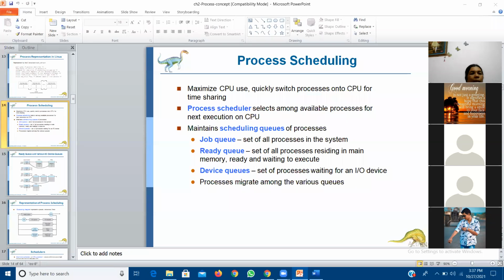Actually your record of attendance is also created, but it is taking too much time to mark your attendance, so that's why we have to follow some other process.